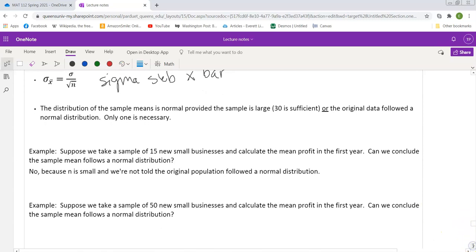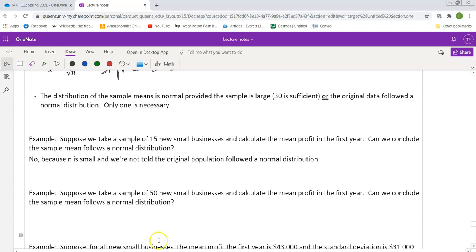Now let's look and see, what if we collected some more data? When we say, okay, now we're going to take a sample of 50 new small businesses. Can we conclude the sample mean follows a normal distribution? Well, in this case, yes.